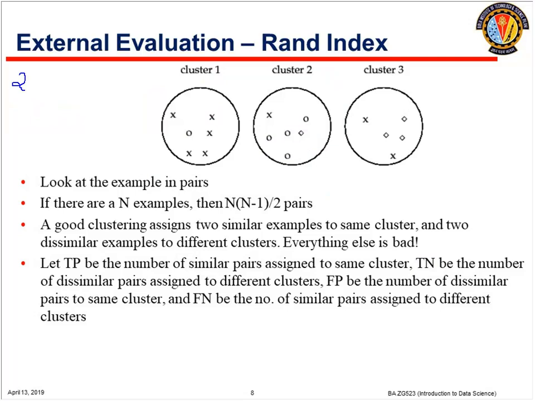Now, let's take this x, and how many dissimilar pairs can you make with cluster 3, taking another element from cluster 3? With one x, you can create 3 dissimilar pairs. So you have 5 x's, so you can create 15 dissimilar pairs, where that x is from cluster 1 and this diamond is from cluster 3.